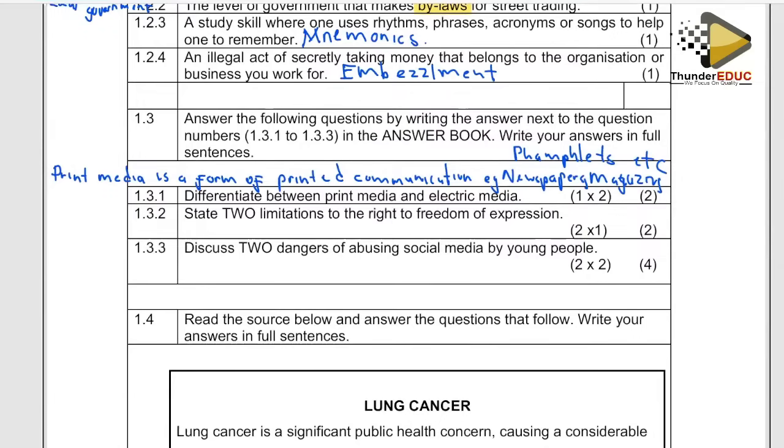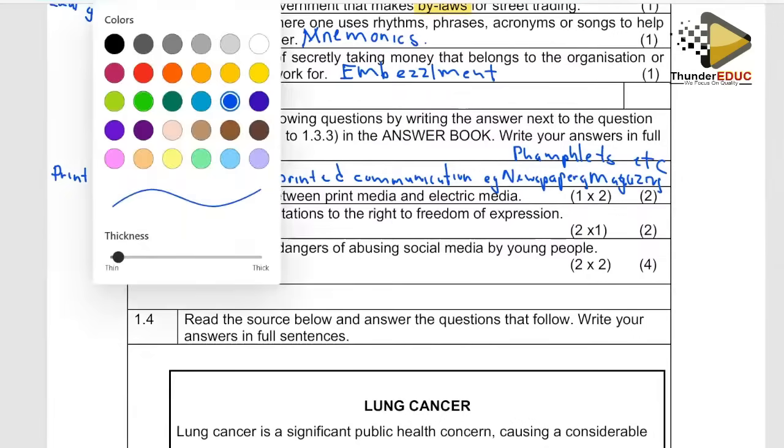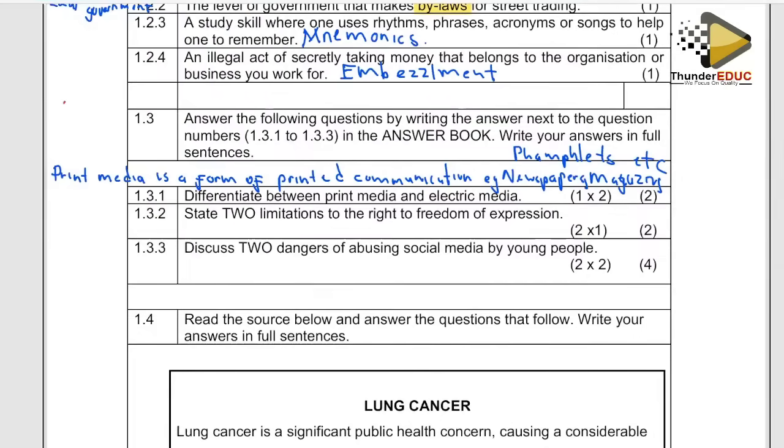Now, moving on to the electronic part of the question. Electronic media uses electronic devices to share information.